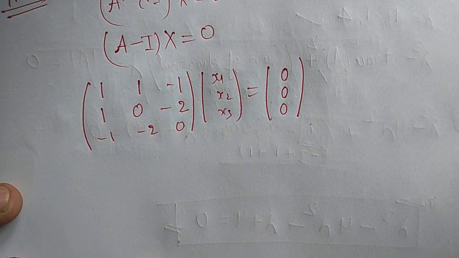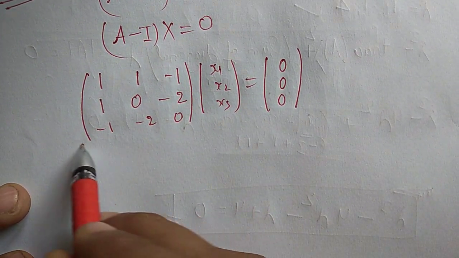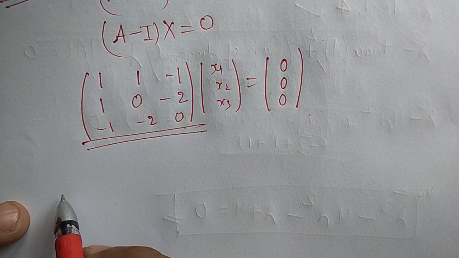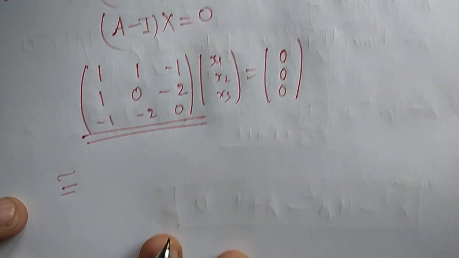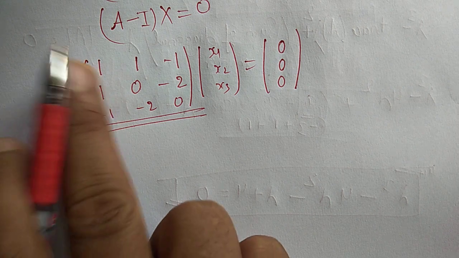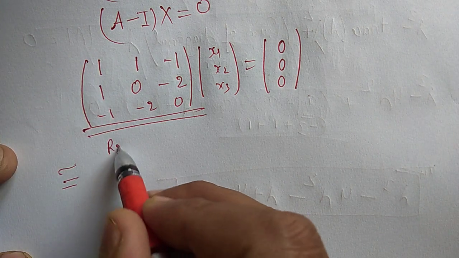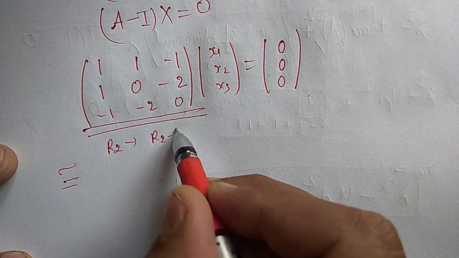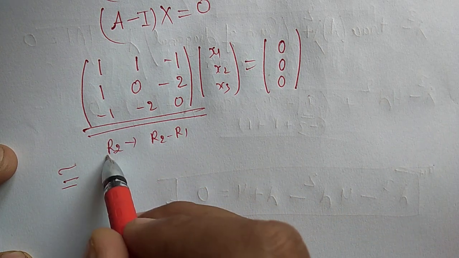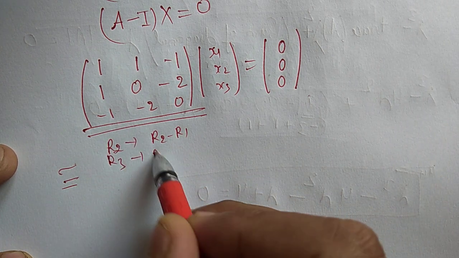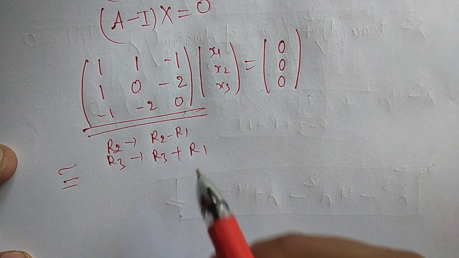Let us try to get the echelon form of this coefficient matrix. First operation, we can have R2 replaced by R2 minus R1, and R3 replaced by R3 plus R1.